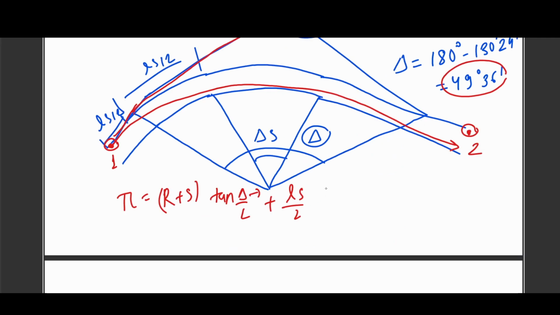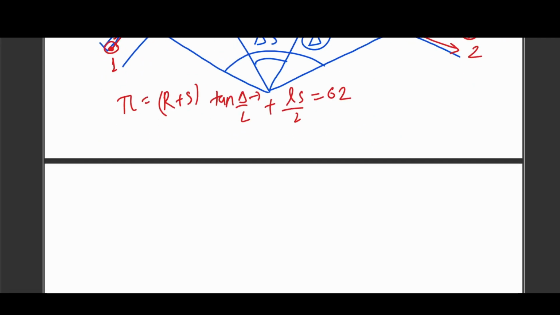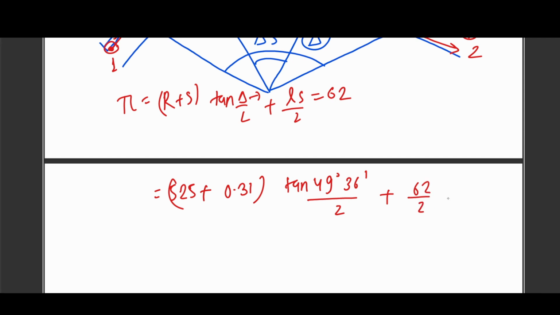The radius is 525 plus S, which we calculated as 0.31, into tan of 49 degree 36 minute divided by 2, plus 62 by 2. It will be 273.3 meter.